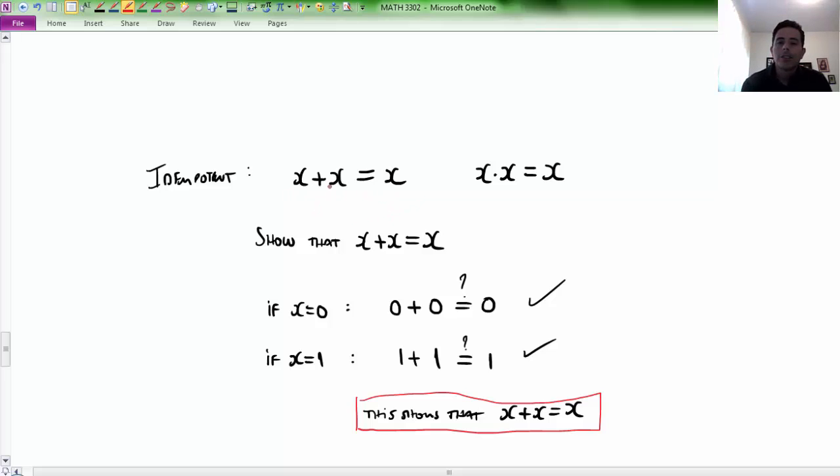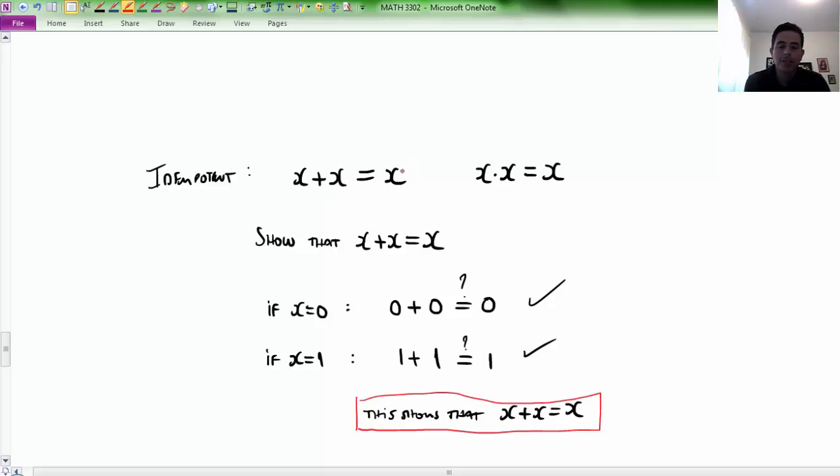So how do we show that x plus x equals x? Because it's a Boolean algebra, the x variable can only assume values of 0 and 1. Then we can split into two cases. What if x is 0 and what if x is 1? And then see what happens. If x is 0, then you will have 0 or 0, which we know is 0.